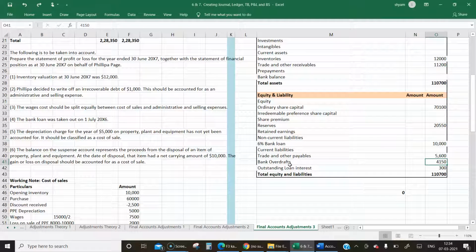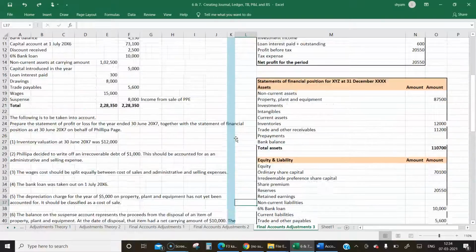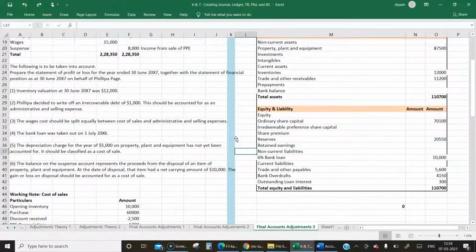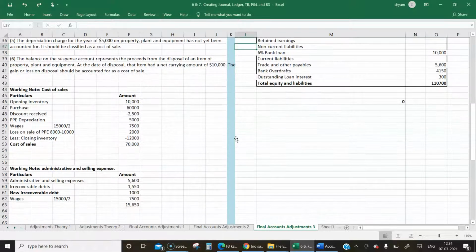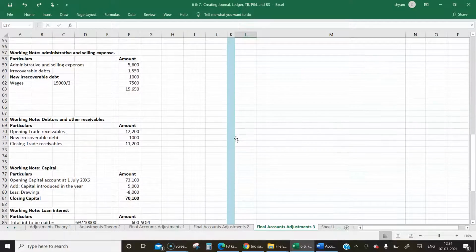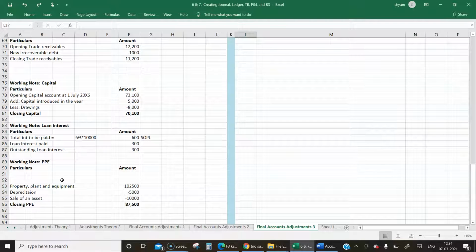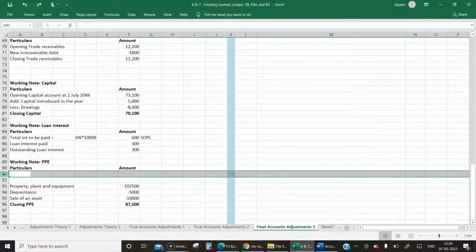So that's about the sum. We have neatly finished it off. You have to do it in the same way. Slowly start and create working notes as necessary. One second, we'll just neaten it off.